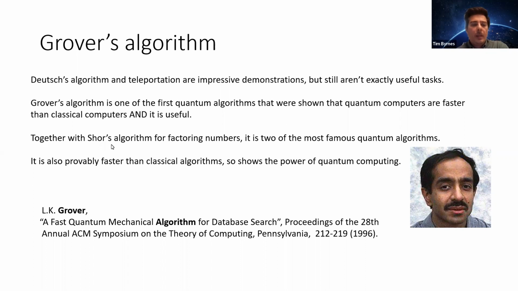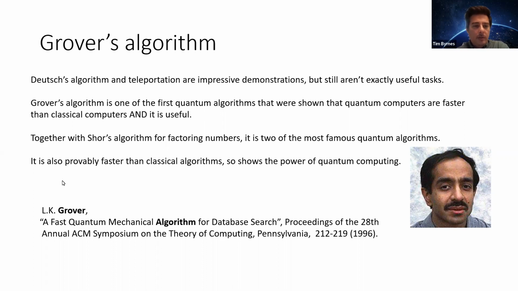But the task that Shor's algorithm achieves is to find factors of a number. If you're given the number 21, the algorithm would be able to find that the factors of 21 are 7 times 3. And it can do this exponentially faster than the best known classical algorithm. So it's quite a spectacular example of a quantum algorithm.